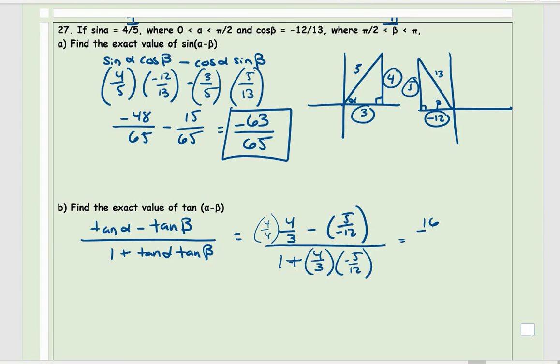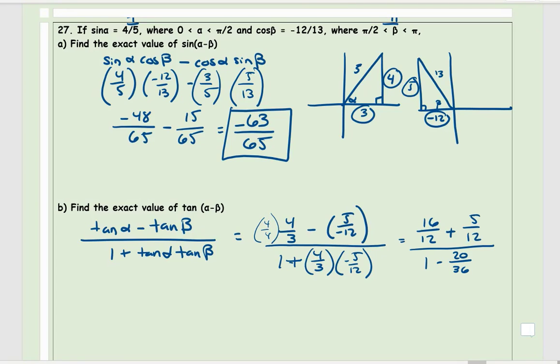So we have 16 over 12 plus, because two negatives make a positive, 5/12. And in the bottom, we have 1 plus 4 times 5, or actually it's going to be a negative because that's a negative 5. So minus 4 times 5, which is going to be 20. And then we have 3 times 12, which is 36.